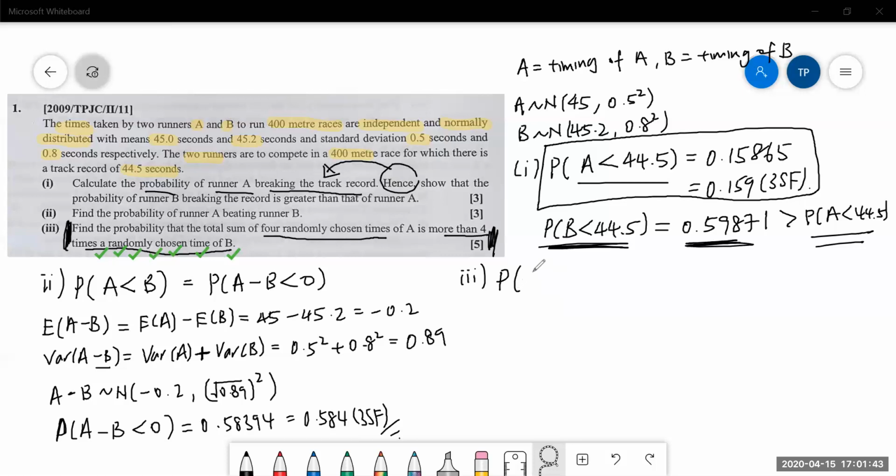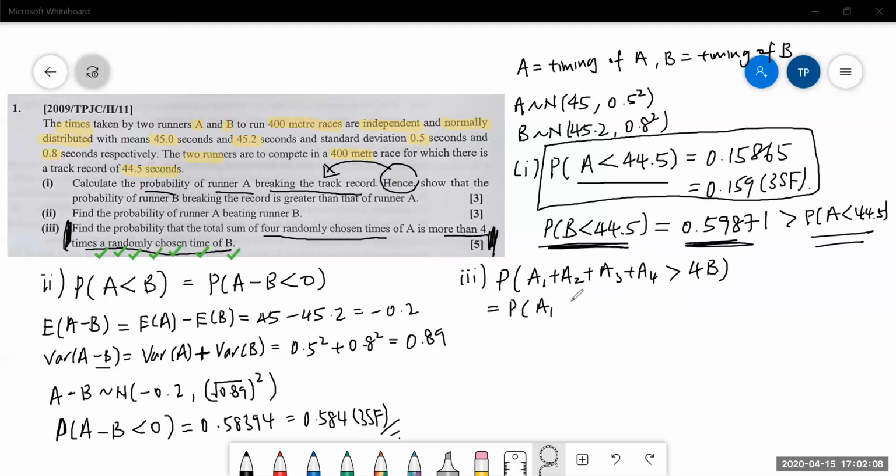I want to find the probability that the total sum of 4 randomly chosen times of A is more than 4 times a randomly chosen time of B, which is A1 plus A2 plus A3 plus A4. The total sum is more than that, so it's greater than 4B. This is the probability I want to find. So I'll bring the 4B over to the other side.